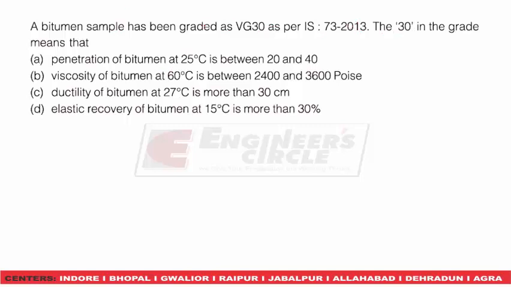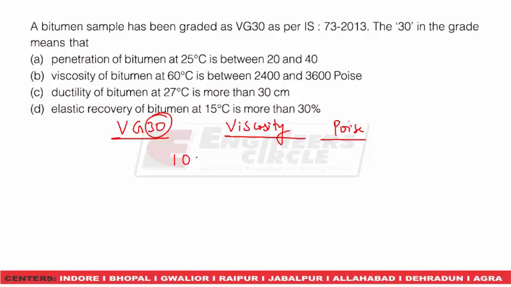The 30 in the grade means that, now as per IS code, if it is VG30, then here V implies the gradation based on viscosity, and viscosity we know it is measured in terms of poise, and here 30 implies that the value of viscosity will be 100 plus minus 20 into 30, and the units will be poise.